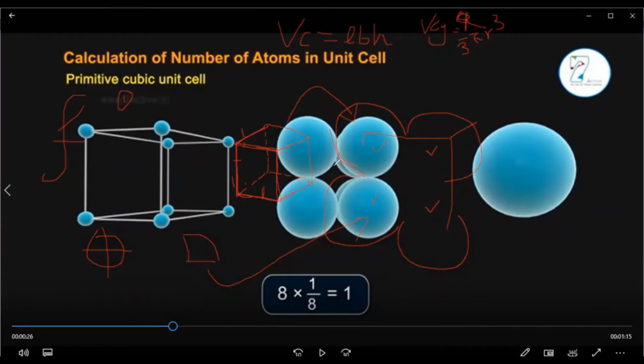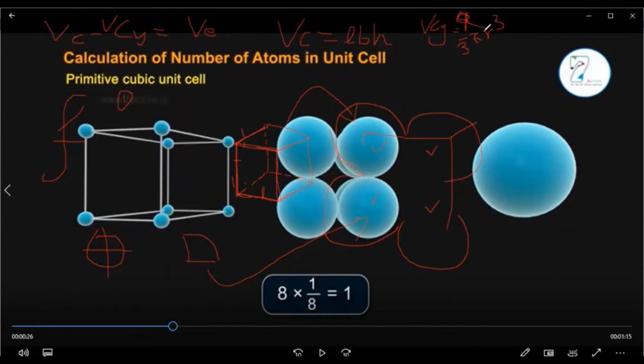Now I need to find how much this void space is. So I will subtract the volume of the sphere from the volume of the cube. That will give you the volume of the empty space. So LBH minus 4/3 pi r cube will give you the empty space.